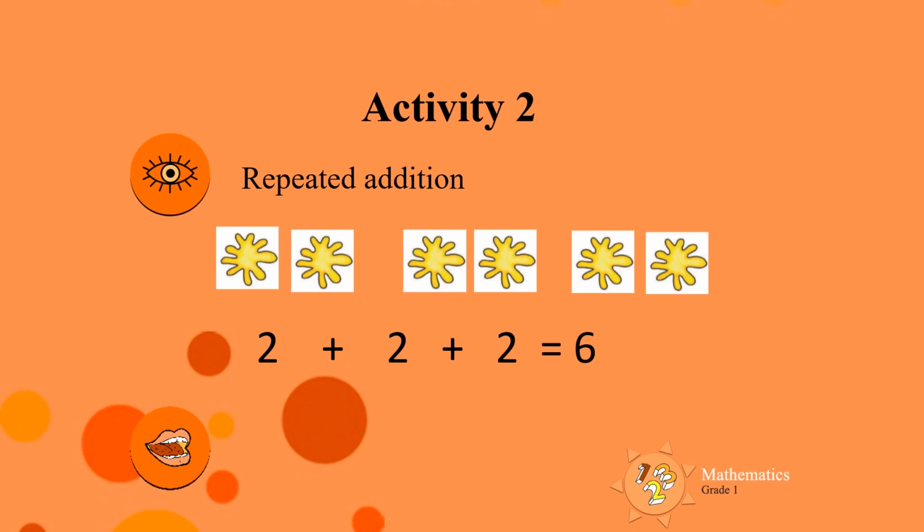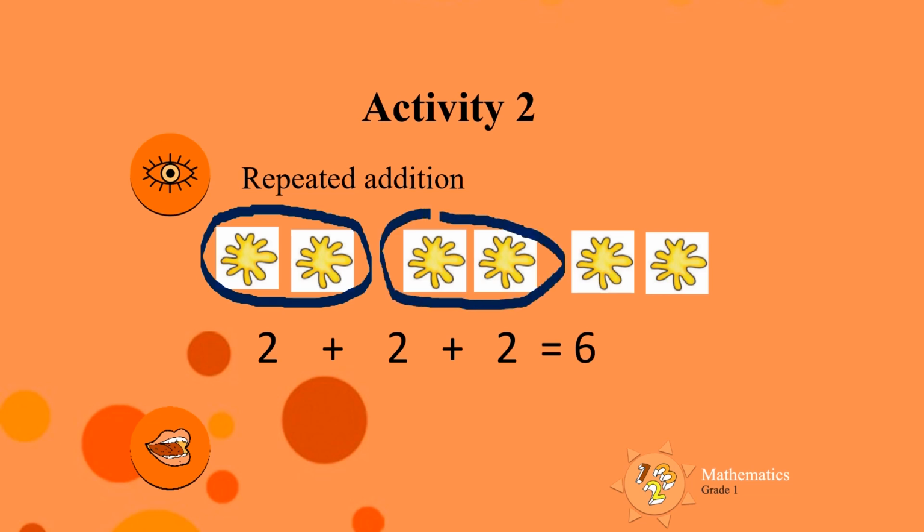So we put them in little groups of 2 and 2 and 2. And then we can say 2 plus 2 plus 2 is equal to 6. And that is what repeated addition is about. We put them together in groups.